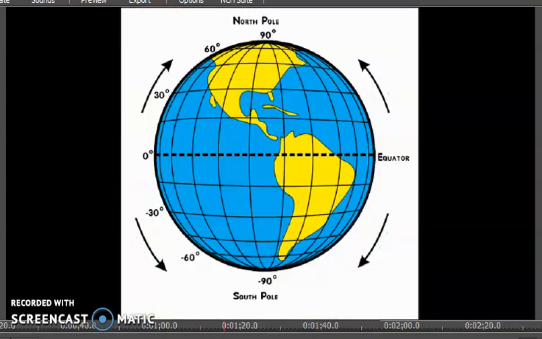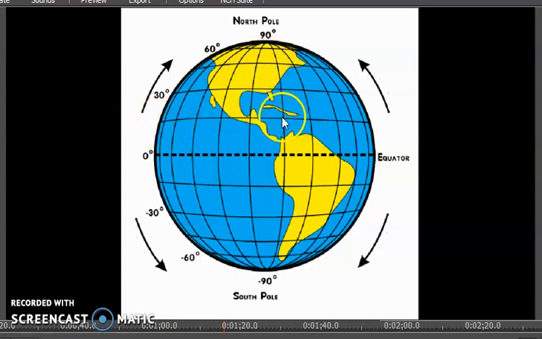So this is the ball Earth, and you will notice, okay, this is the equator, and moving from the equator north, lines of longitude converge on the North Pole. And also you'll notice that the circumference of the circles of latitude decrease as one moves from the equator north.